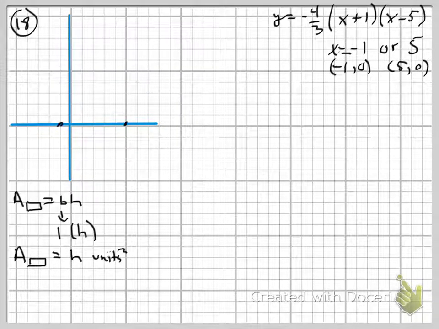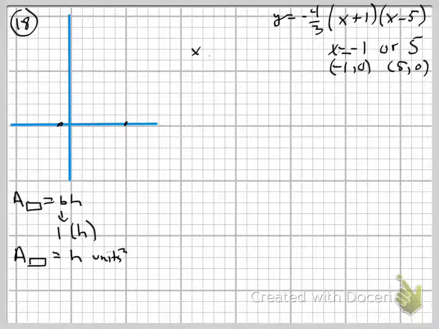The other thing we need is a vertex, and we can just take an average. Actually, let me erase that. I'm just going to calculate the average.